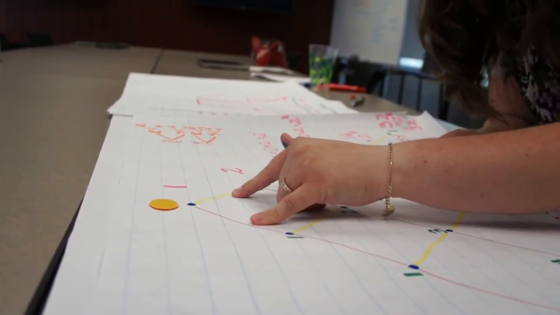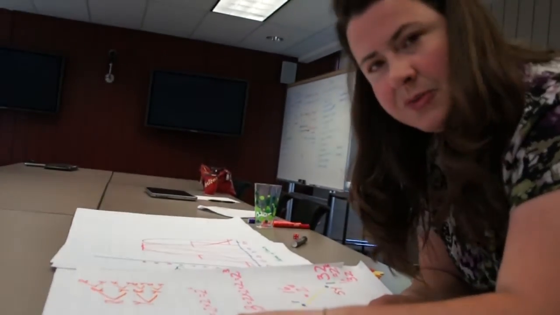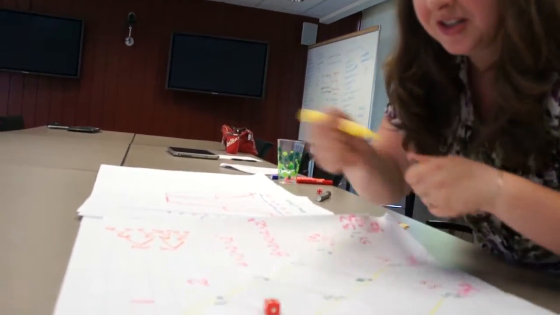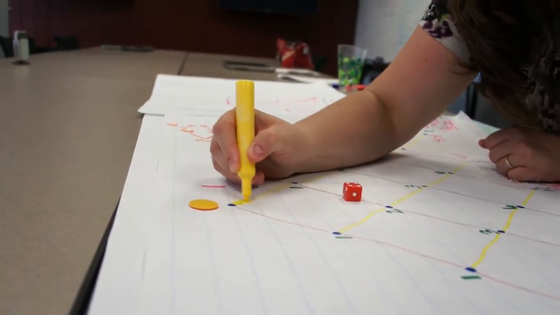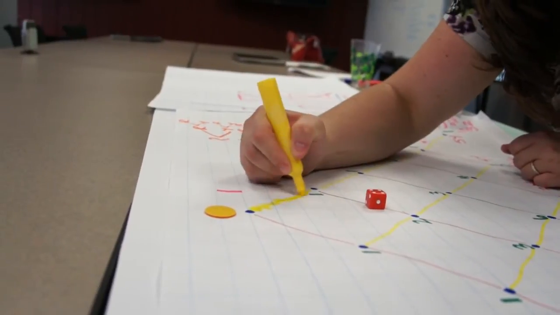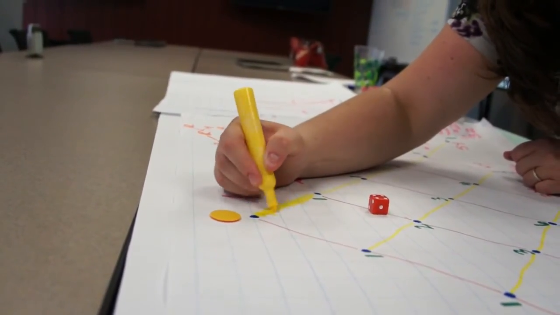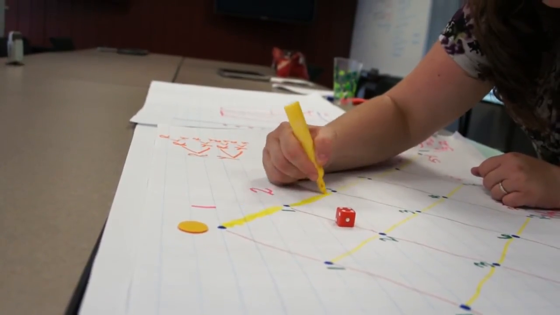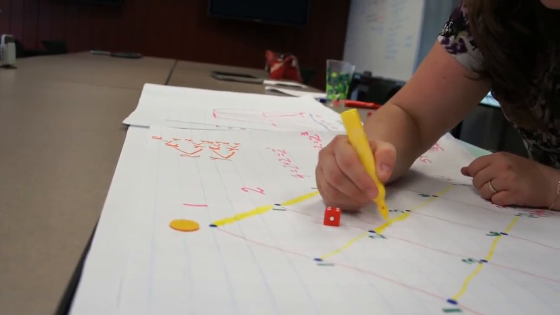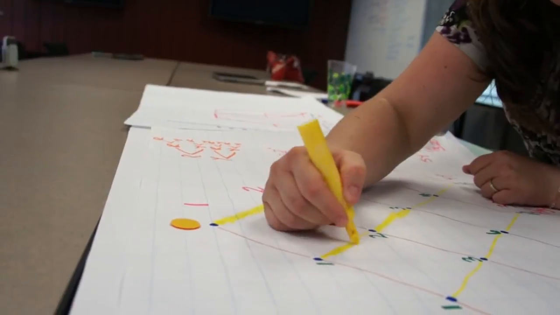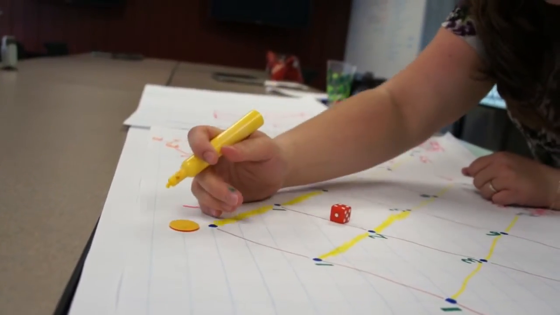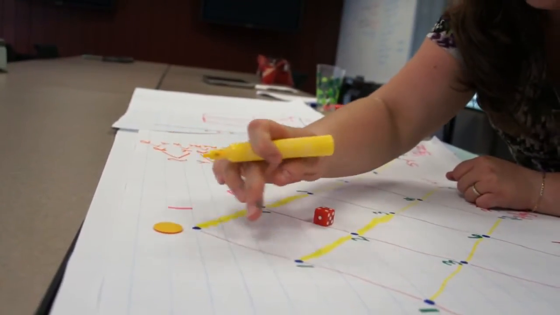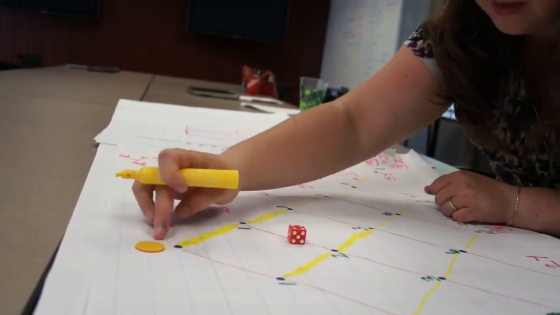So these don't have the same probability anymore. This one's more likely, so I'm going to say it's going to get a thicker line. And if I did that to all the yellows, that's just meaning that we're more likely to flip a yellow than a red based on this.